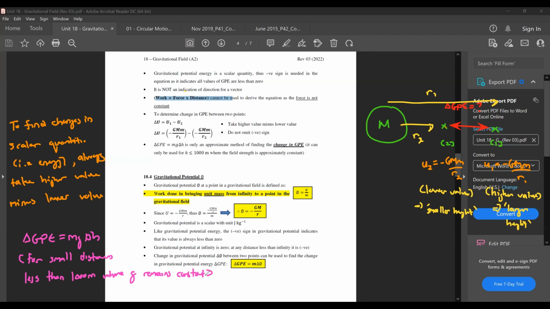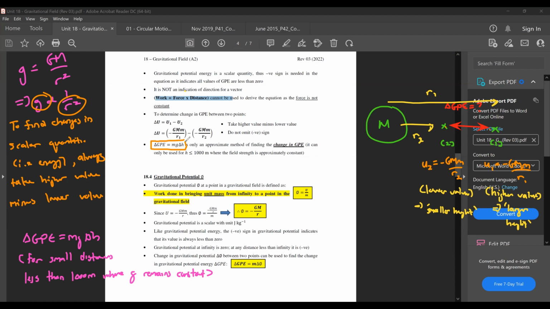So we know that g is actually, sorry, not negative, there's no negative here, this GM over r square, right? Where we say that g is inversely proportional to r square. So in general, if your r changes a lot, your g will change a lot. Last time in AS, we tended to use this change in GP equals mg delta h.